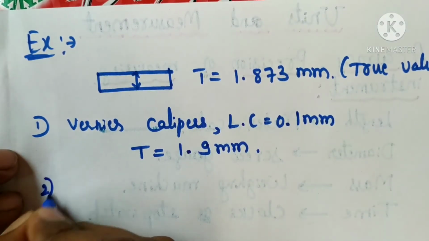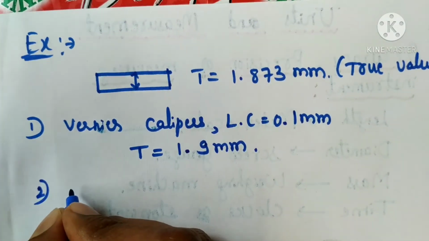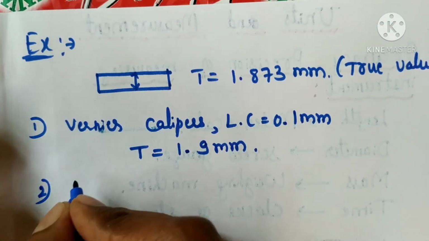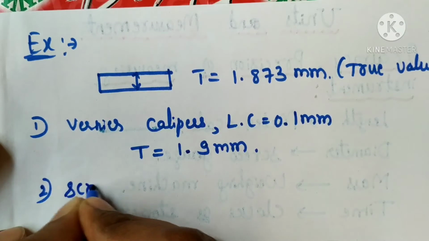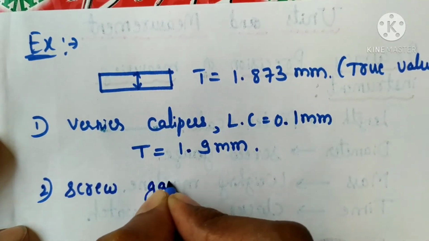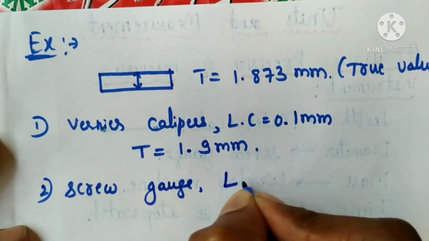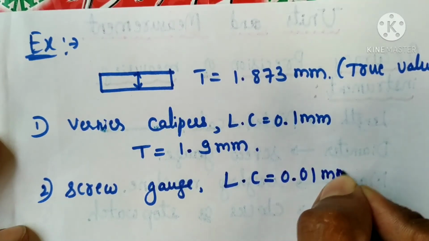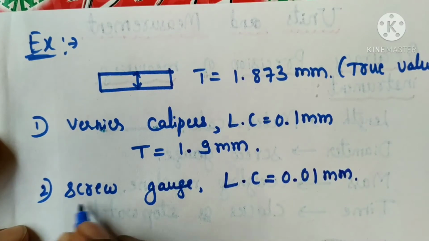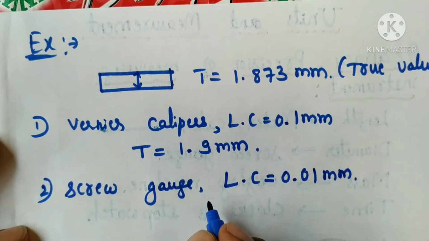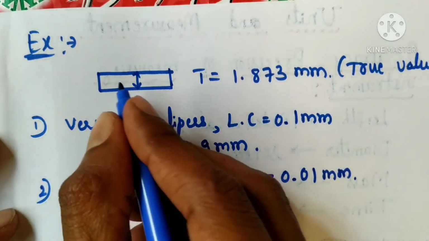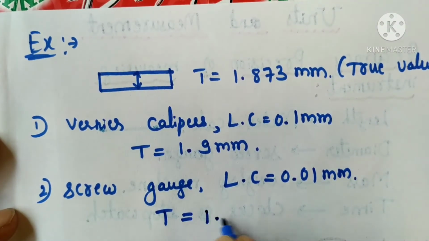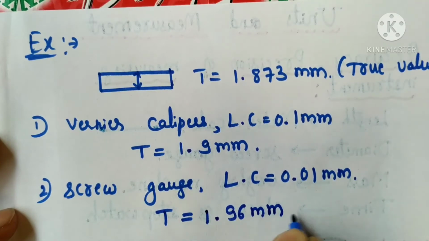In the second case, what I will do, I will take another different instrument. Let me say I will take screw gauge, and let me say it is having the least count of 0.01 millimeter, and with the help of this screw gauge I will measure the thickness of the object, and I got the thickness as 1.96 millimeter.